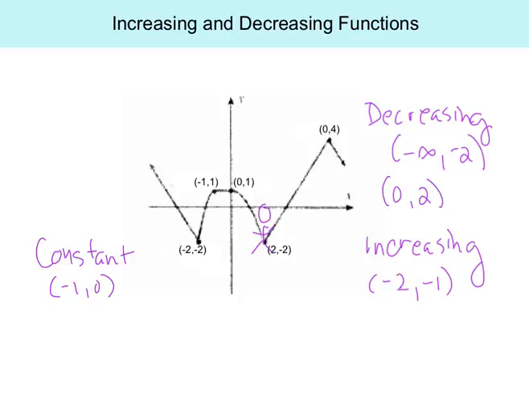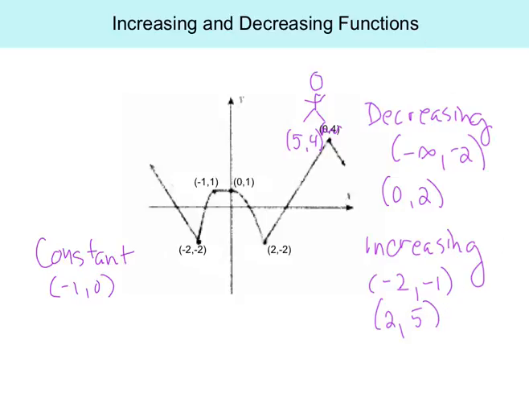And then again, our person is going to have to climb from 2 until x equals, wow, that says 0, 4. Not likely. Let's change the ordered pair here. Let's make it 5, 4. Okay, so we are going to be increasing again from 2 to 5.